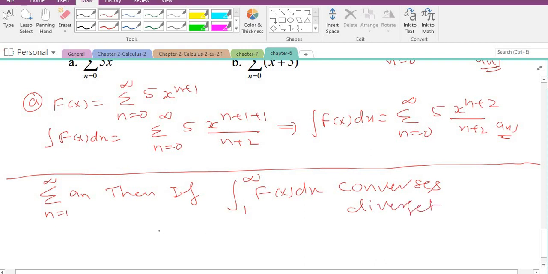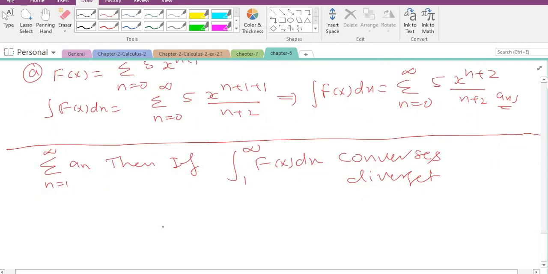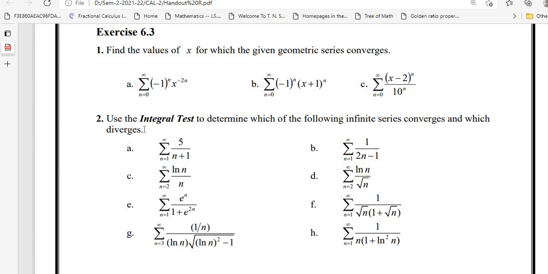So for that, I just want to tell you a few questions from exercise 6.3. Use the integral test on the following series. Which of the following infinite series converge and diverge?